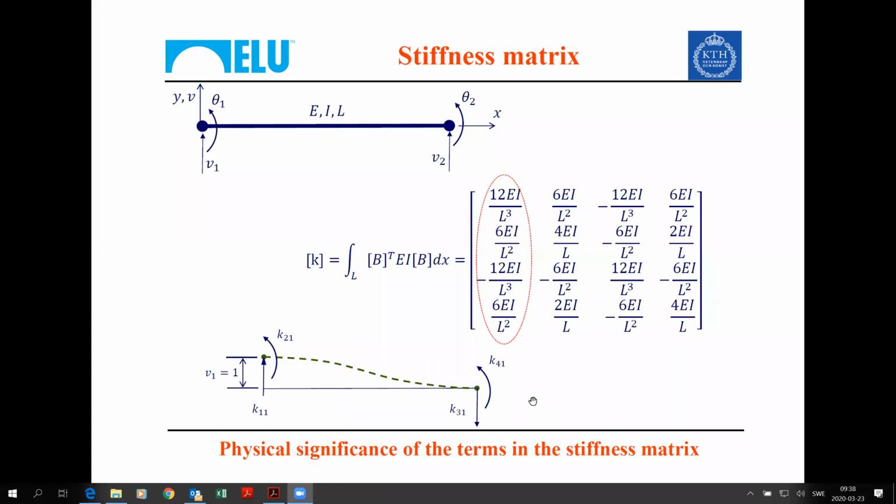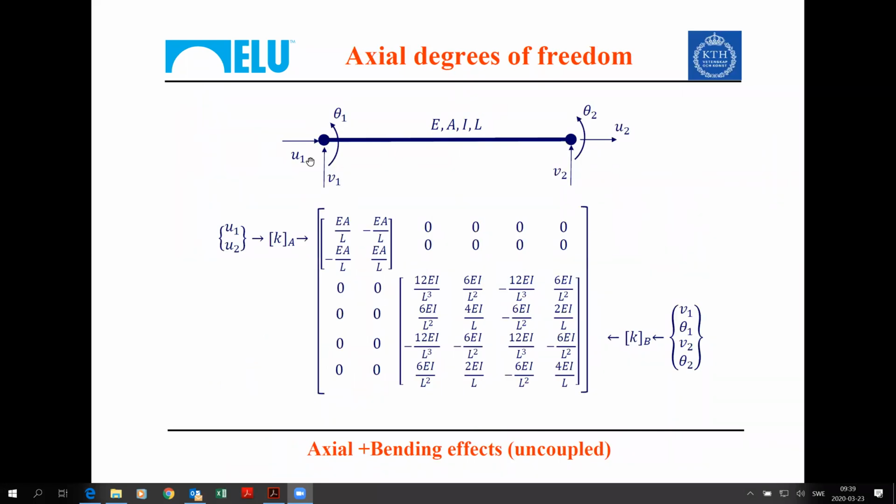Now, if we want to put the axial degrees of freedom, we just add the stiffness matrix for the bar element at a certain location. We can either spread it, or we can assume that U1 and U2 are the first 2 degrees of freedom, and then V1, theta 1, V2, theta 2.